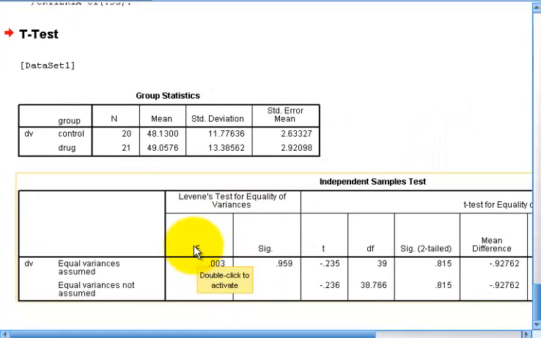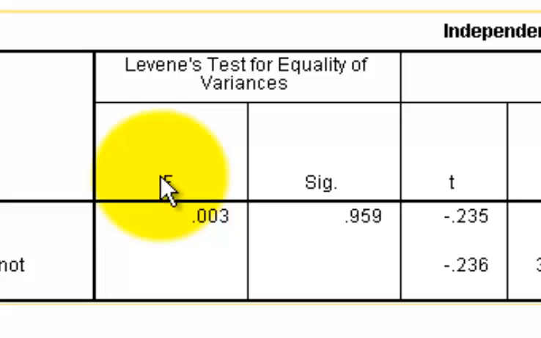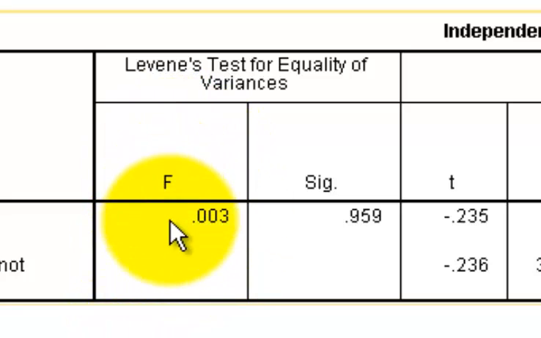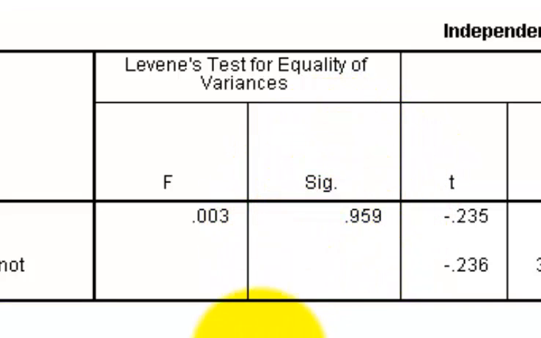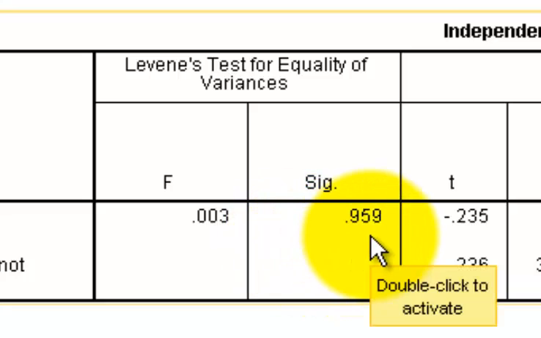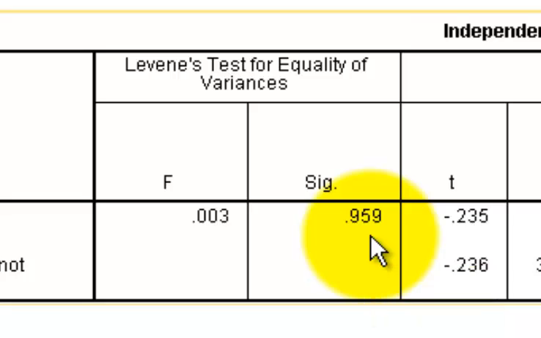So it basically ran an F test. An F test is a T test. They're both related. But when you have more than 2 groups, it becomes an F test. But when you only have 2 groups, we still refer to it as a T test. But we're going to go into that later. But we got a very small F statistic, which caused a very large significance. If this number was less than 0.05, then we can reject the null that stated that there was no significant difference between these 2 drugs.